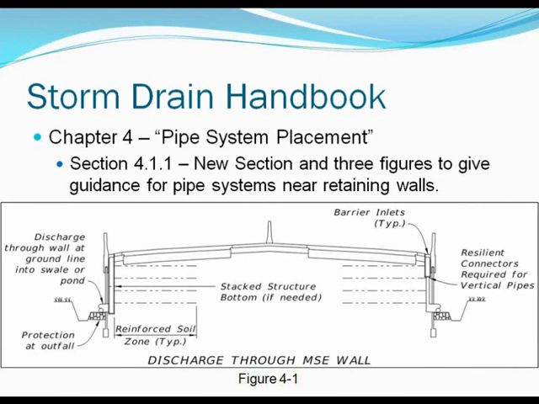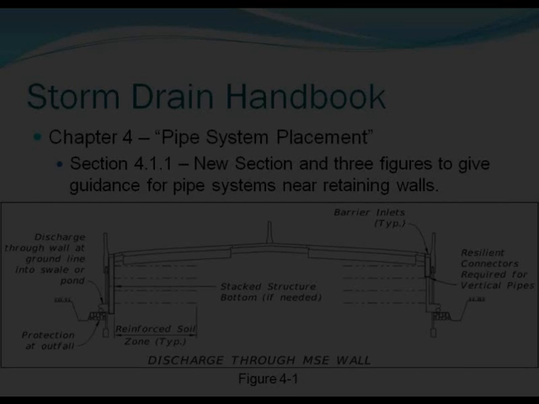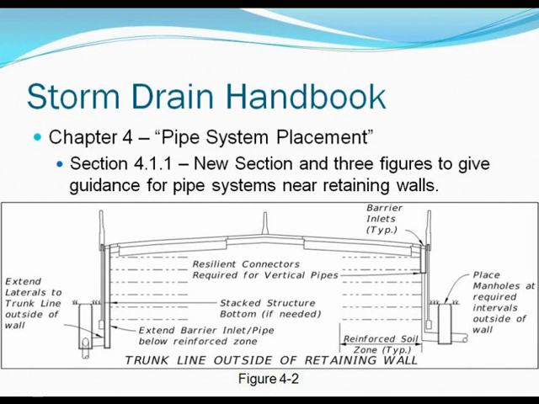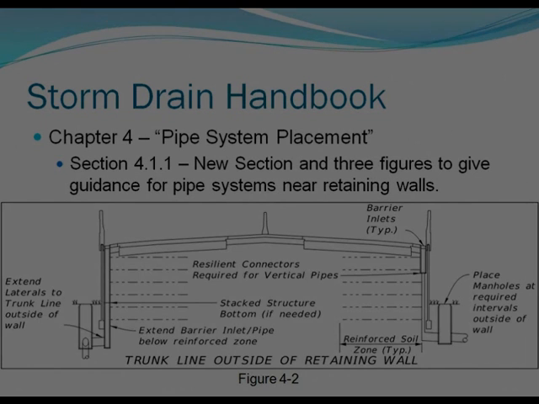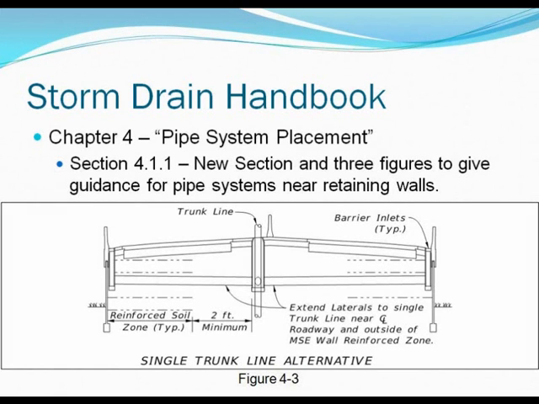And so you'll see a couple of different drawings where the focus is to try to keep as much of the pipe outside of the strap zone. This one you see now is a trunk line down the center, and yes, the laterals are in the strap zone, but the idea is to minimize the potential problems from leakage.